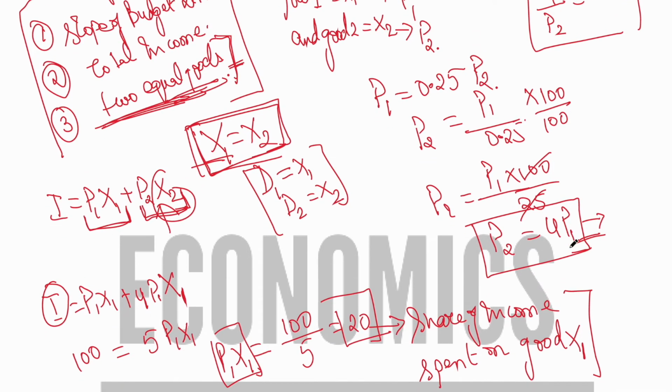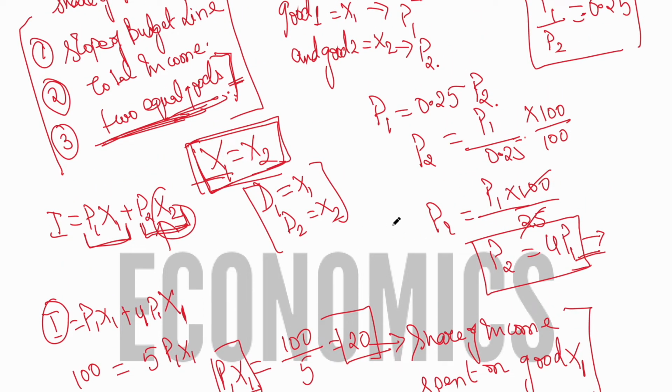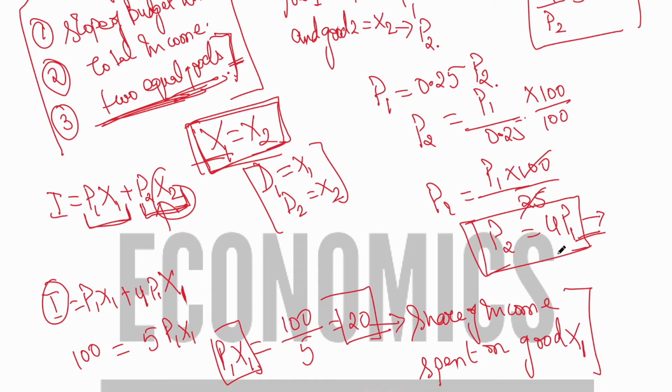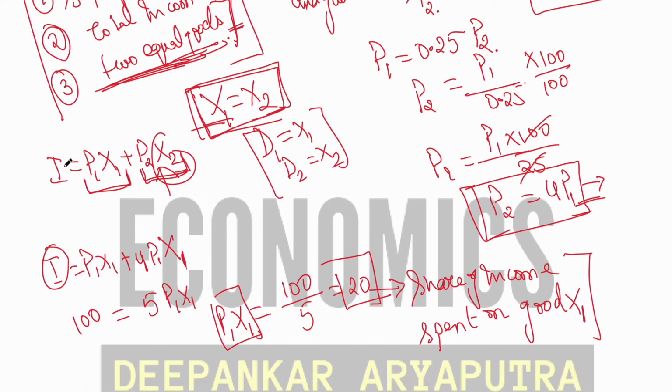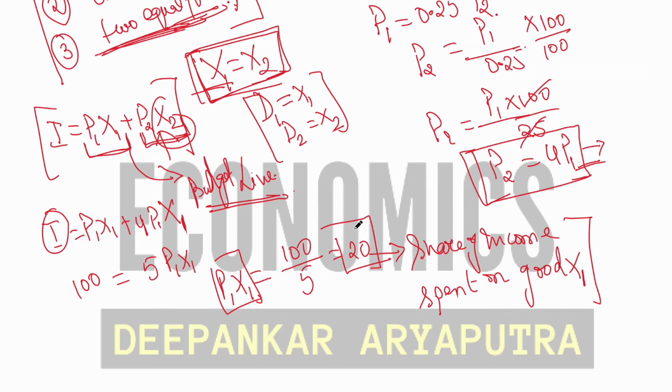What we simply did was we found a relationship between p1 and p2, and we substituted it into the budget line. This is your budget line. This is as simple as that.